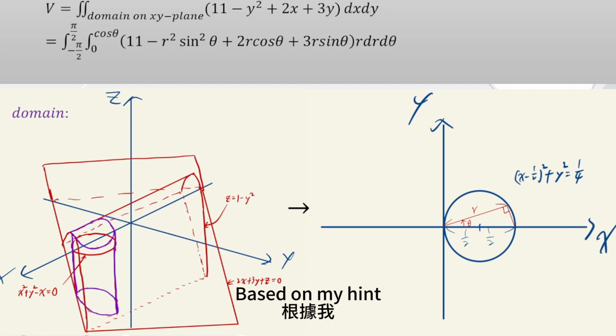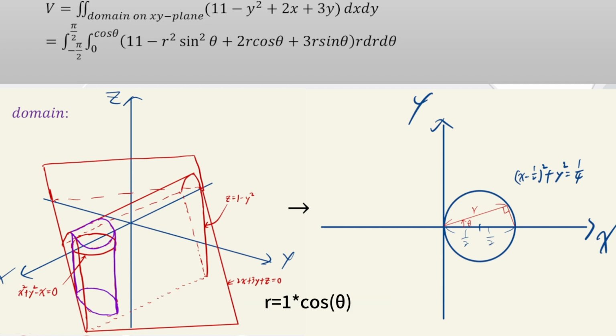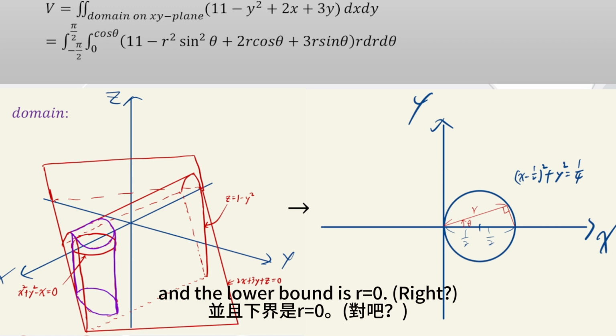Based on my hint written in red, we can claim that the upper bound is R equals 1 times sine theta, and the lower bound is R equals 0.